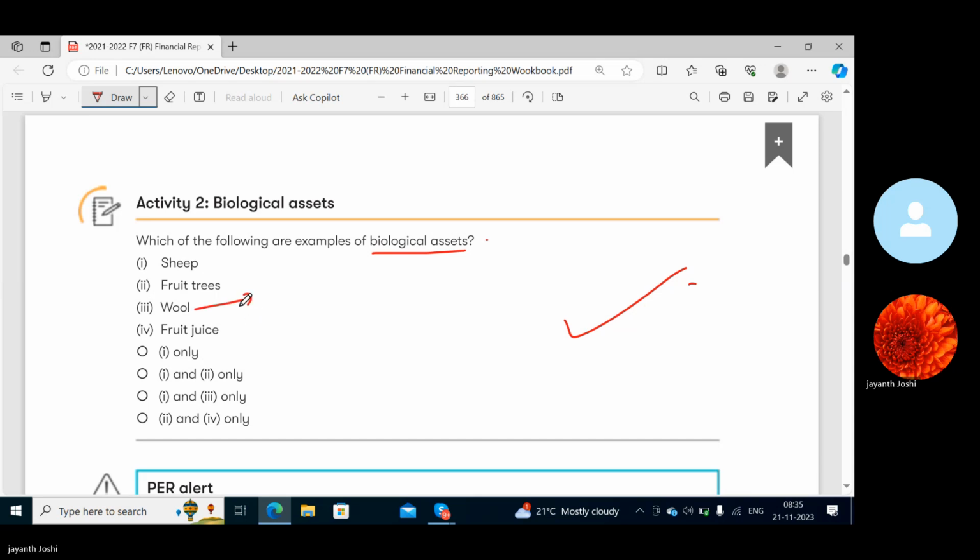It is processed. Yeah, wool is inventory actually. Fruit juice is inventory actually. Sheep is in growth stage. Fruit tree is also growth stage. So we can say the biological assets are 1 and 2, right? Okay. Then we are done with this chapter.